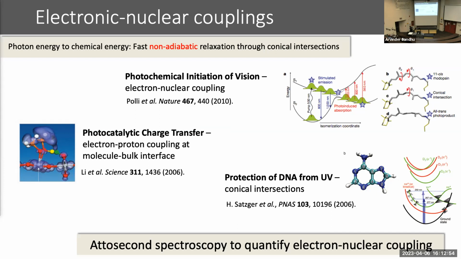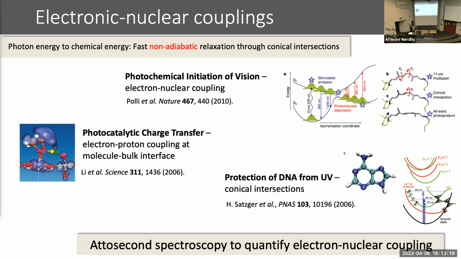Basically, the nuclear positions are changing and the electrons are giving energy to the structure of the molecule. So the protein is isomerizing along this coordinate because the electronic energy is being given to the atomic motions, right? And this isomerization of the protein is what then triggers vision. But the conical intersections are key to making that happen.